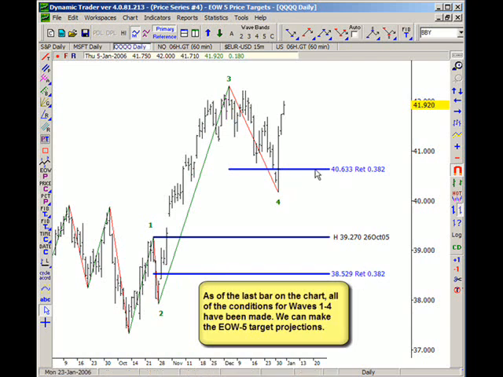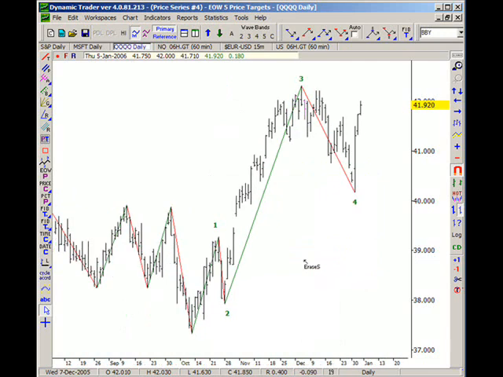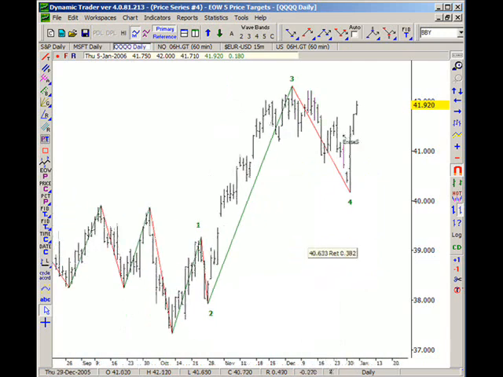The wave 4 was equal or greater than 38.2%. And the market hasn't traded into the range of wave 1. So as of the last bar, all of the basic conditions have been met for a potential 5-wave trend. Well, let's clean the chart up, and let's do our wave 5 targets, or wave 5 projections.